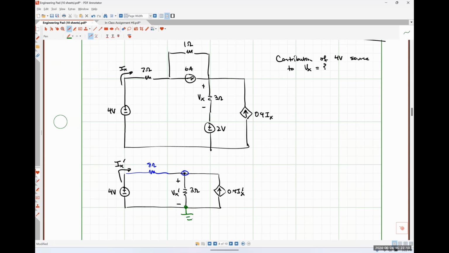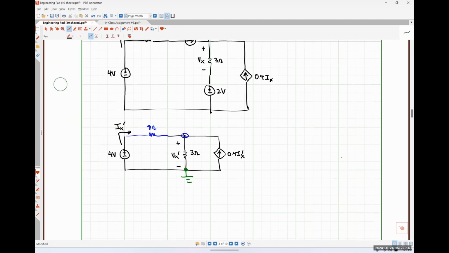So if I choose this bottom node as my ground, what I could have would be Vx prime minus 4 volts over 8 ohms plus Vx prime over 3 ohms minus 0.4 Ix, where Ix is 4 volts minus Vx prime over 8 ohms.